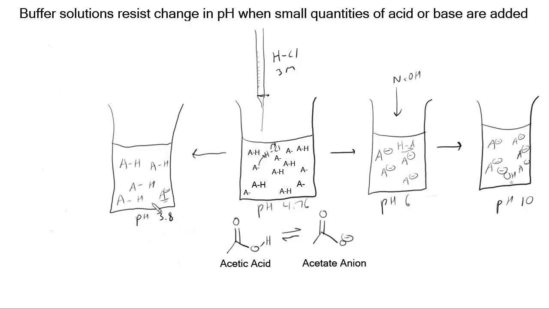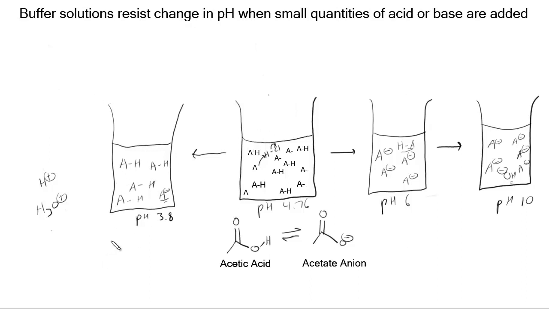We would have to add a little bit more hydrochloric acid to fully protonate all of our acetate anion before we would eventually get a significant drop in pH because we have an acidic solution with free H+ ions or H3O hydronium cations in solution. So this is another situation where our buffer solution resisted change in pH when a small quantity of acid or base was added.